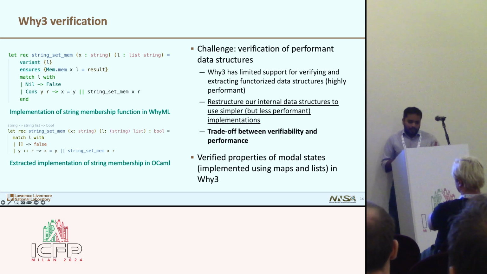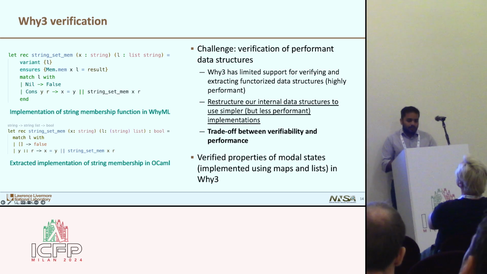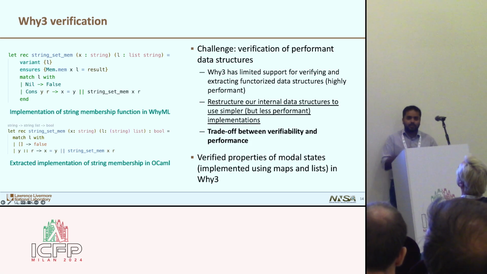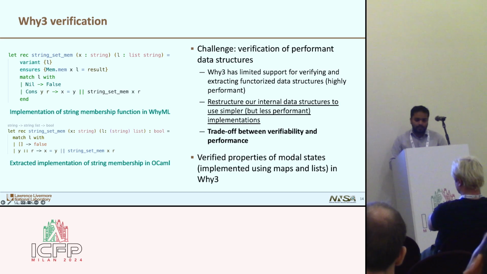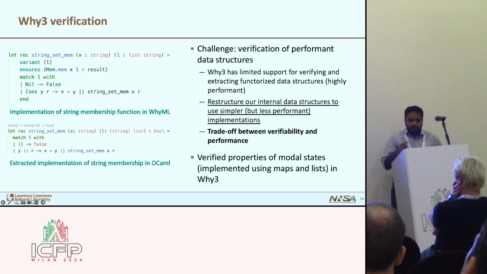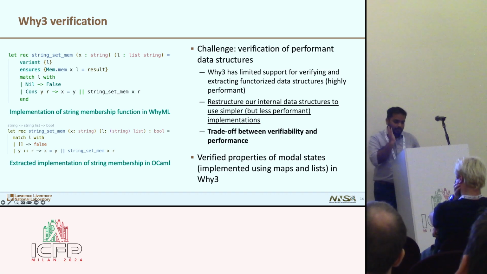On the left-hand side, I have a small example explaining how the verification in Why3 is done. In this example, we write a function which checks the membership of a string in a list. This list you can think of as a list of non-modal commands. The properties that we verify about this string membership function are, first, that the function terminates, which is easy to verify using variants. It is in this variant clause, which verifies termination on the list; since we have a finite list, it's easy to verify by structural recursion on the list.